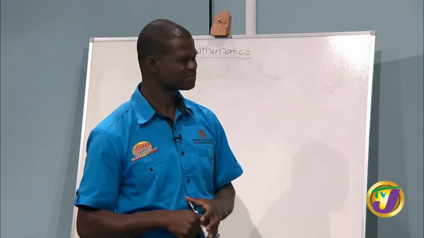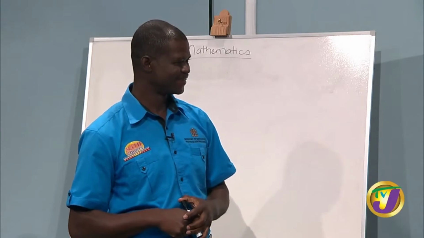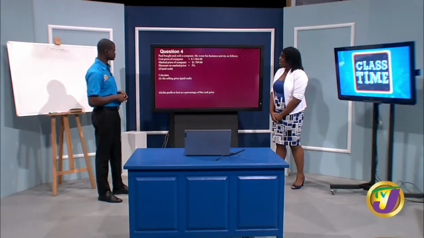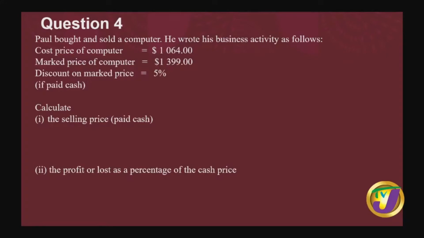That's true. So if I paid cash, what will my selling price be? Let us see. We needed to find out what 5% of my mark price is, which is $69.95.